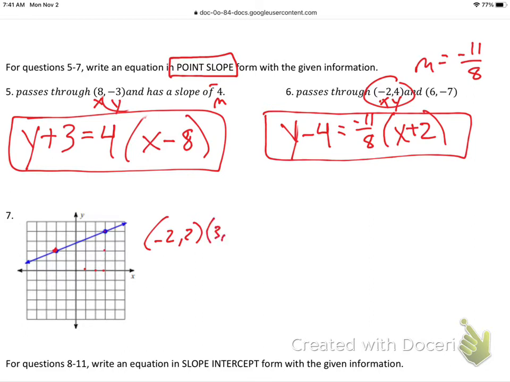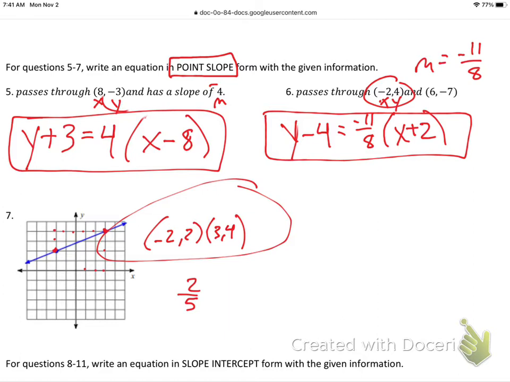So 3, 4. Now I could also find this by just finding the slope between these two points right here. And now it's rise over run. So I would do plus 1 plus 2. So that's a positive 2 over 1, 2, 3, 4, 5. A positive 5. So I could do it either way. If I wanted to, I could put this whole thing right here into the equation of finding slope, and I would get 2 over 5.